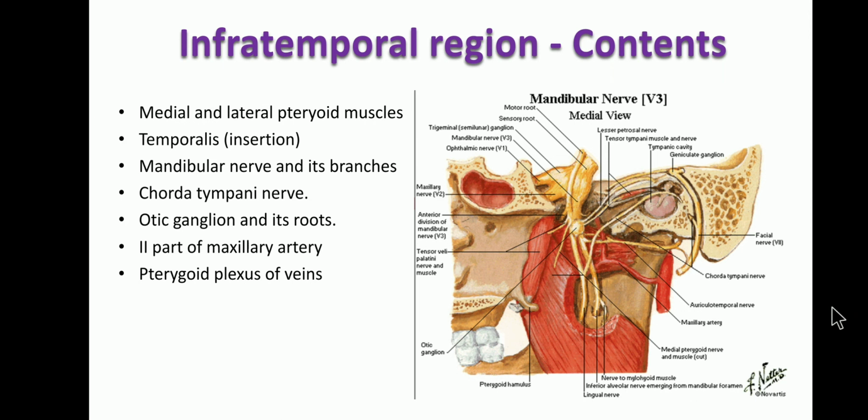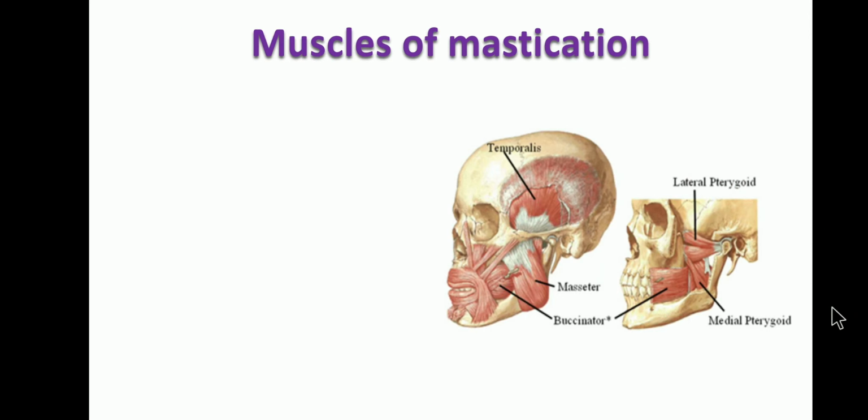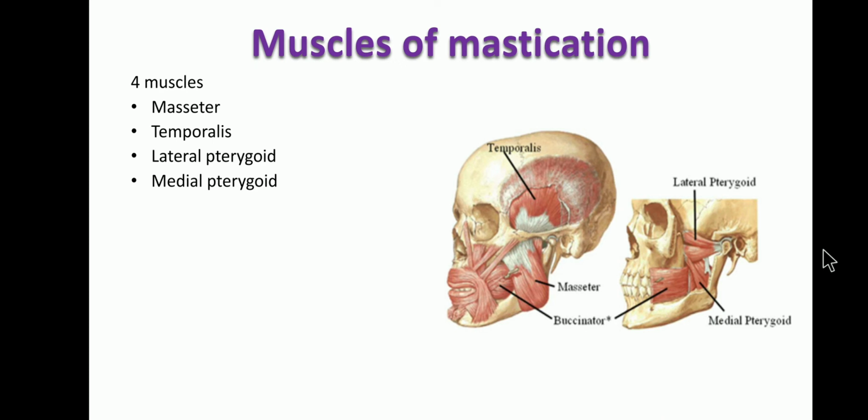Okay, now coming to the muscles of mastication. There are actually four muscles of mastication: masseter, temporalis, lateral pterygoid and medial pterygoid. Now these muscles are mainly responsible for moving your mandible.